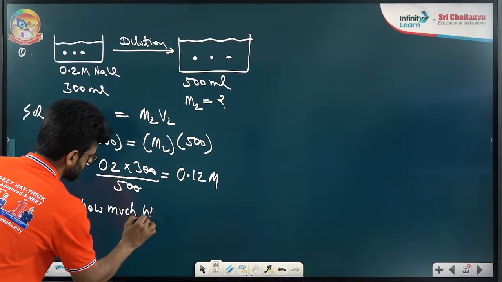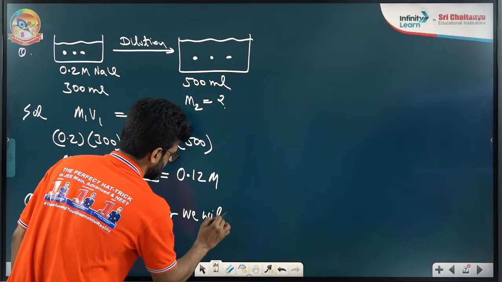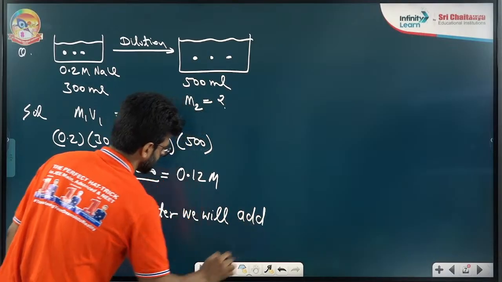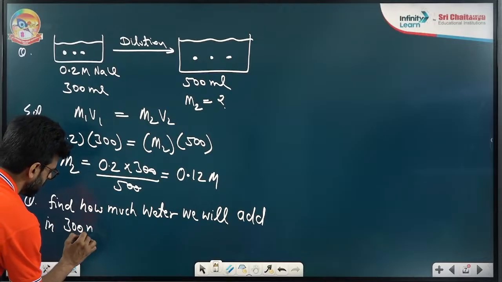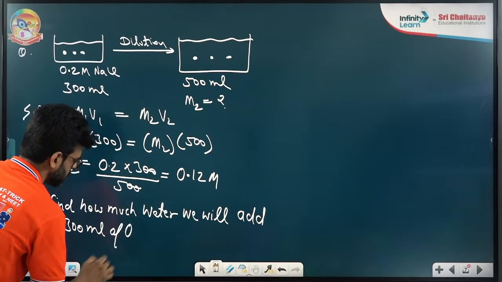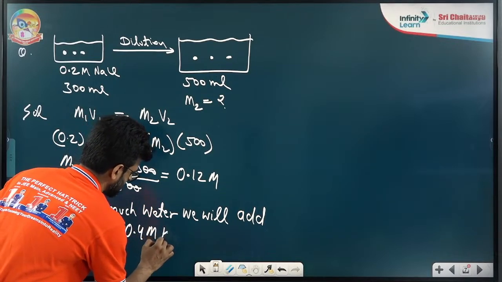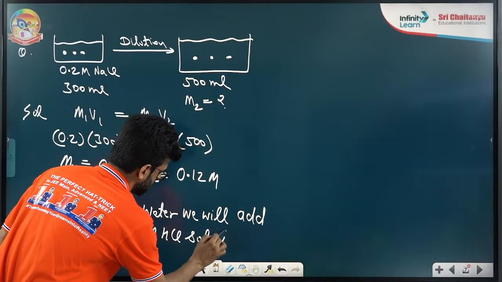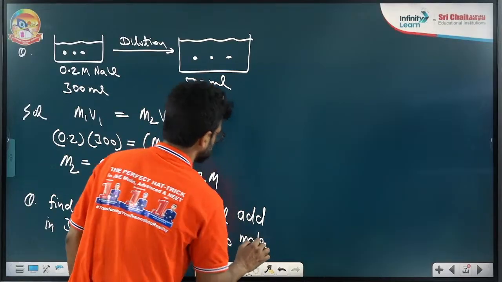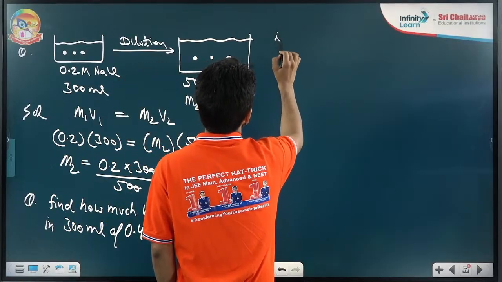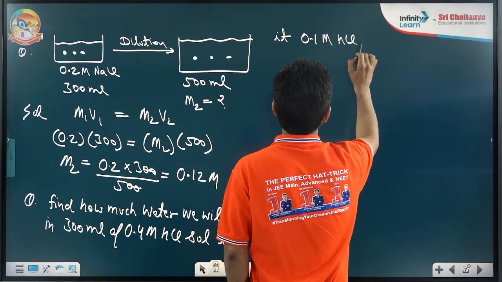Find how much water we will add in 300 ml of 0.4 molar HCl solution to make it 0.1 molar HCl solution.